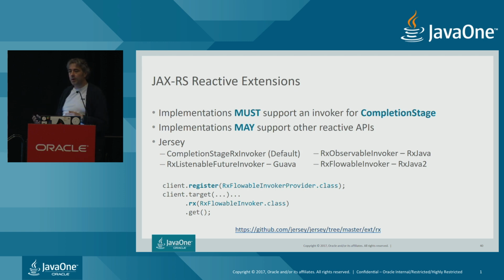And then when you do the request, you need to pass that specific invoker using the rx method, and there you go, you can then use that specific reactive API. So basically, we could use the pattern that we have discussed today with the CompletionStage API, but you can also use that way of thinking, using the specific reactive APIs that are in the market. Again, this is optional, but that's something that we do in Jersey.